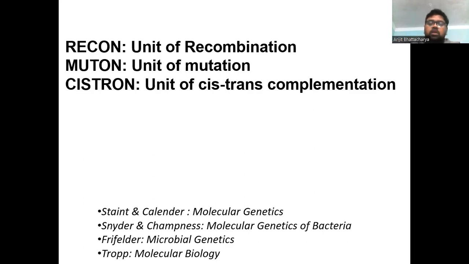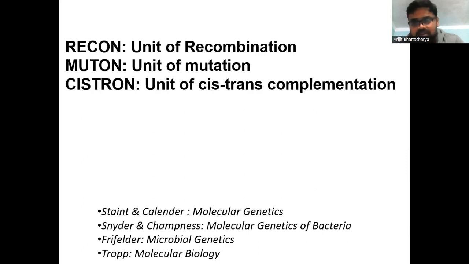Muton is basically one base where a mutation can occur, so it is a single base. And recon is also a single base, because recombination can occur within a distance of a single base. Although at that time, when they performed the experiment, they identified three nucleotides as the minimum distance required for recombination.